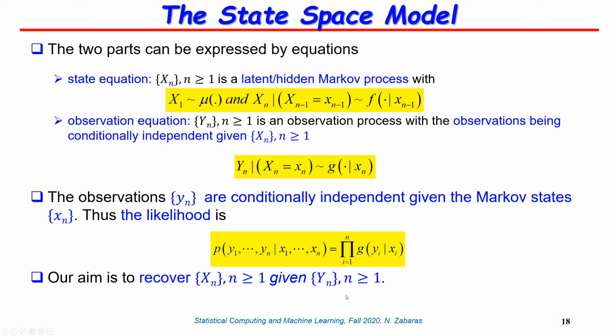You can think, in the most trivial case, of yn being noisy observations of the states. If somebody gives you noisy observations of the state, you will be required to recover the actual values of the states xn. But we're not limited to that. We have this generic observation model that, as we will see, can be anything, and depending on applications, you can assign different meaning to what this density g is all about.